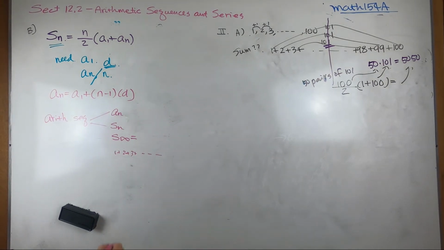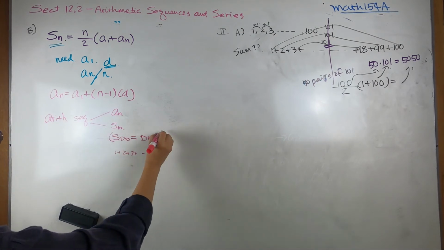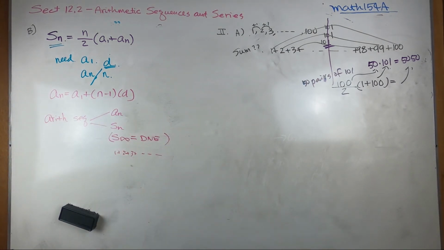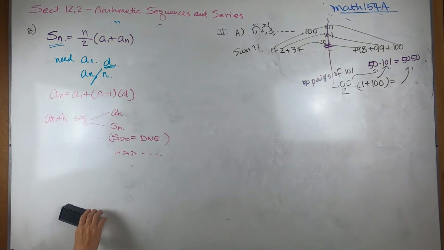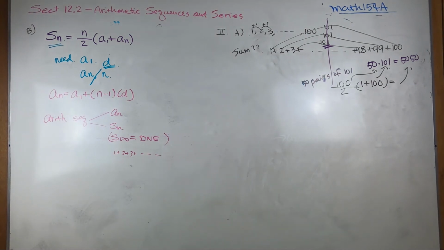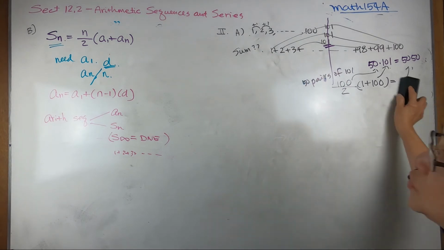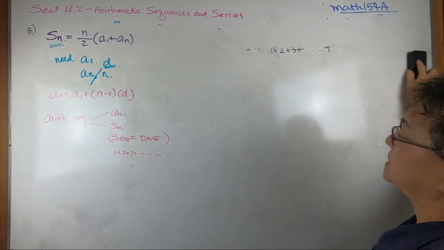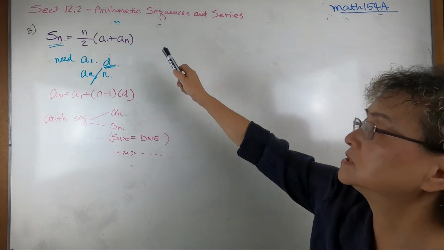Can we find it? We can't, so this one doesn't exist. We start to see there are many formulas you need to use, and you need to figure out which is which and when you need it. So far, still simple.